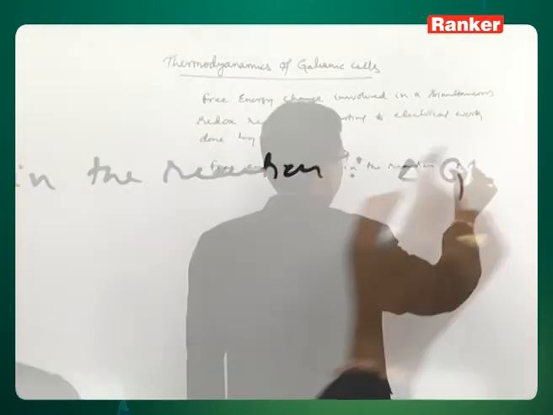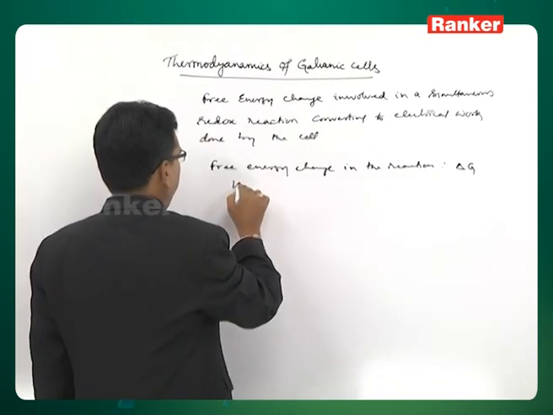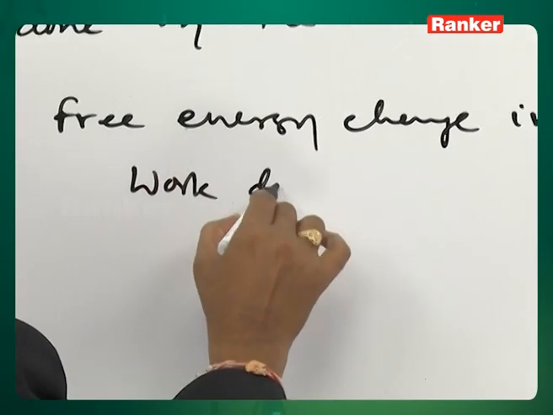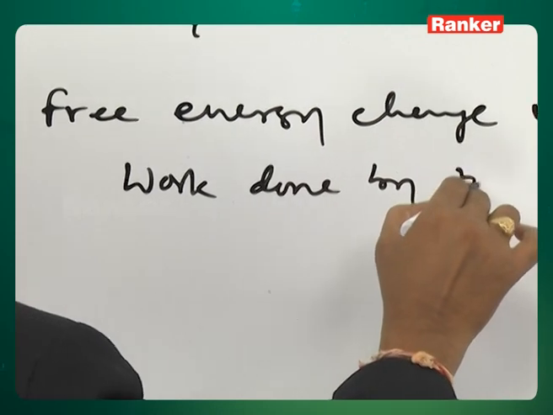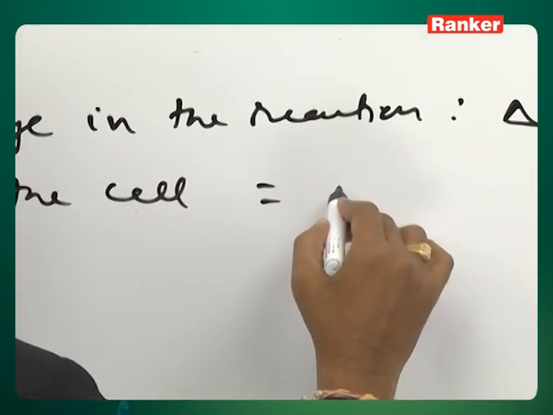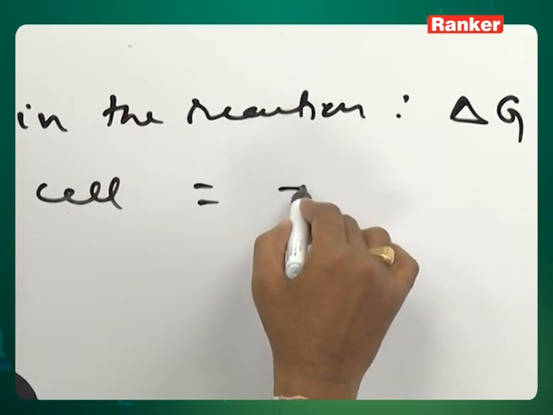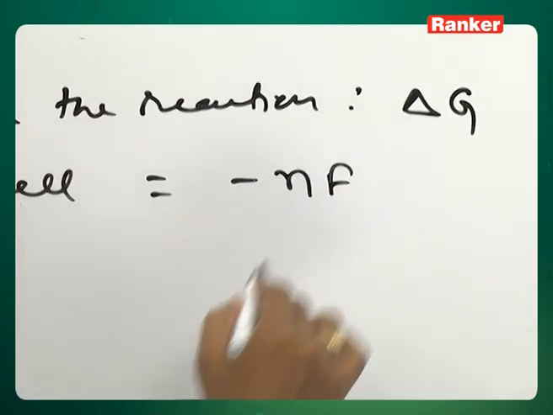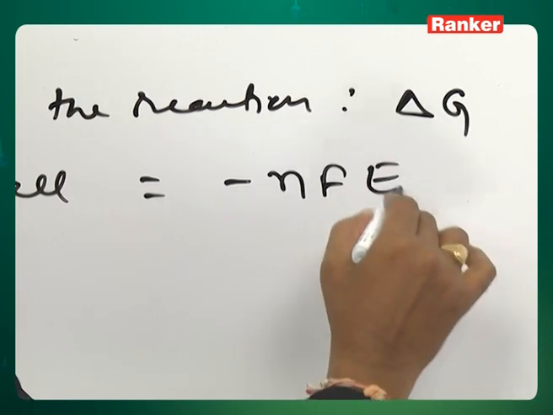is delta G, and work done by the cell is charge into potential, that is minus nF, that is charge, into potential, that is E cell.